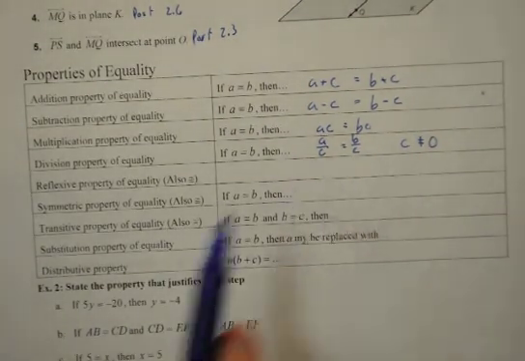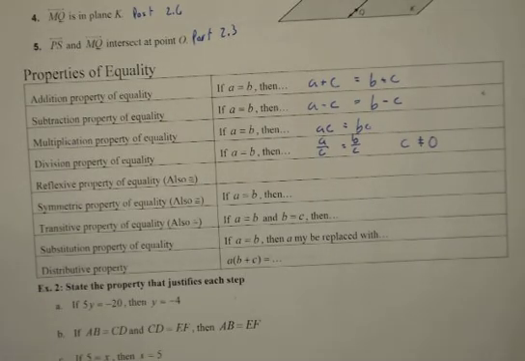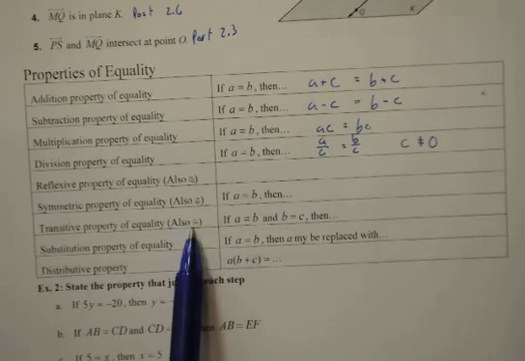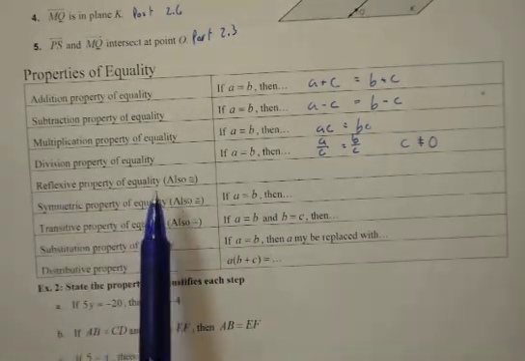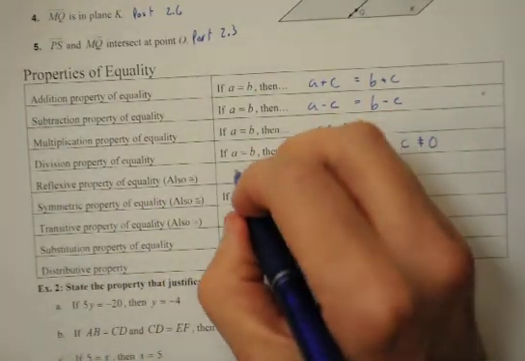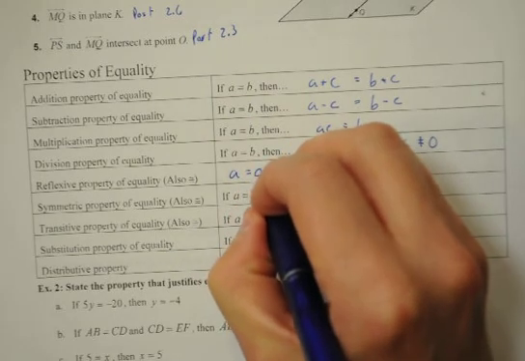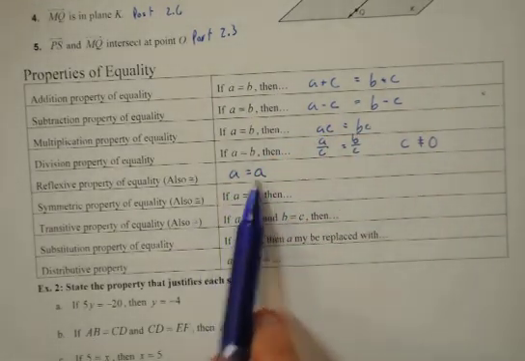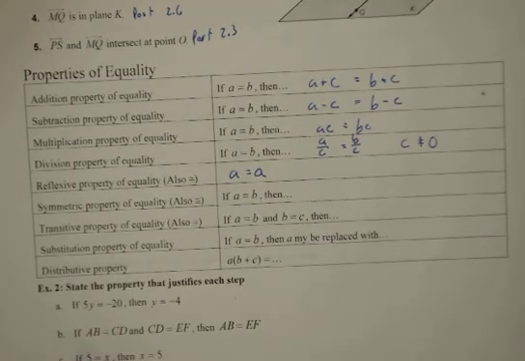You cannot divide by 0. The reflexive property. This also works for congruent. So, the reflexive property, it just says this. Anything is always equal to itself. A is equal to A. That's it. Anything is equal to itself.